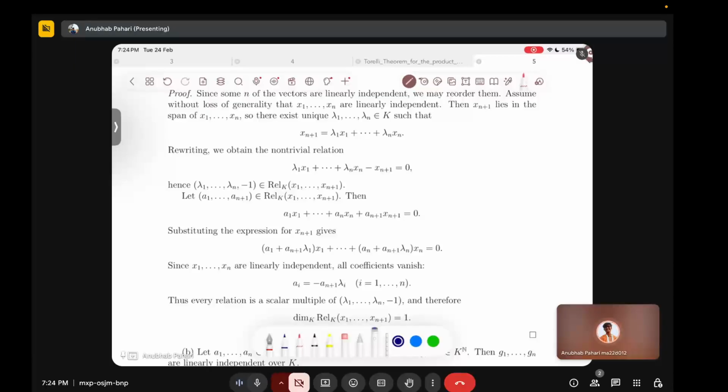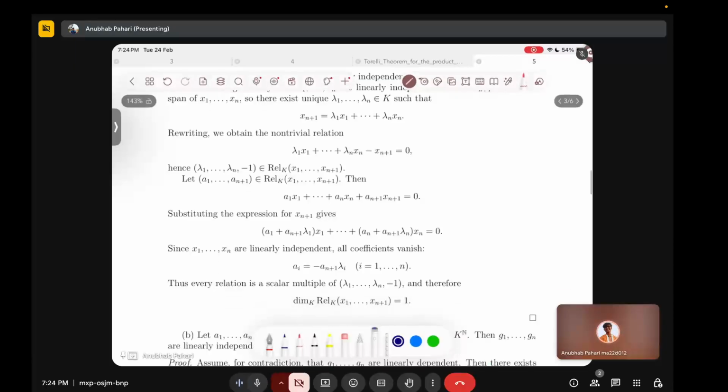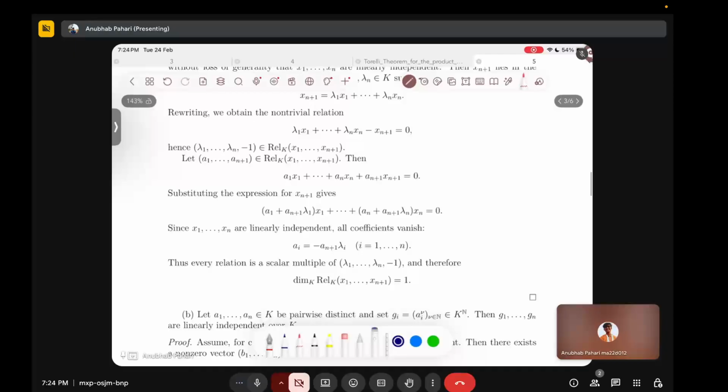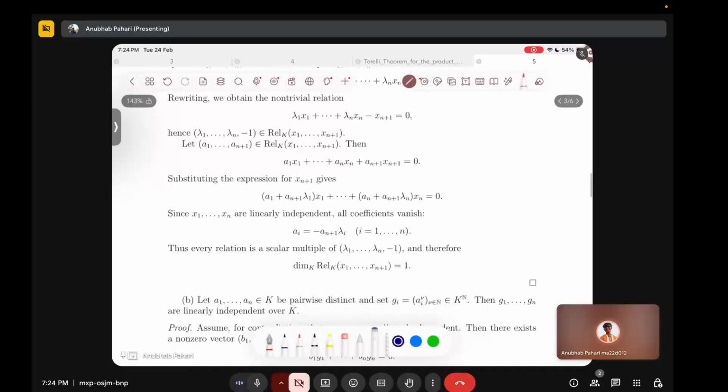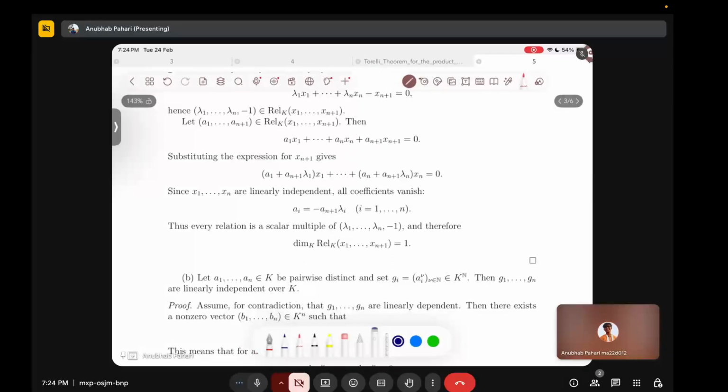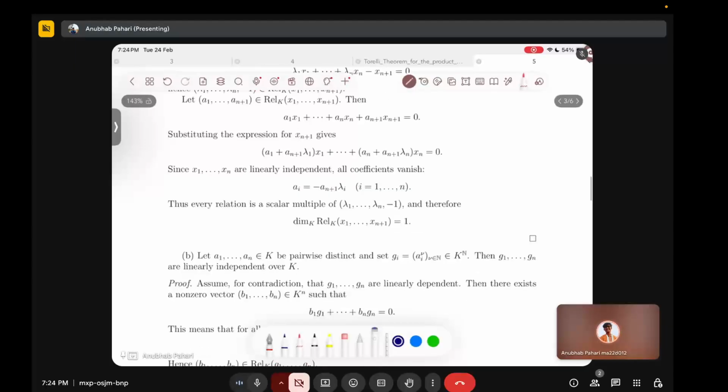Then a1 x1 plus up to a_{n+1} x_{n+1} equals 0. Substituting the expression for x_{n+1} gives (a1 plus a_{n+1} lambda 1) x1 plus up to (an plus a_{n+1} lambda n) xn equals 0.